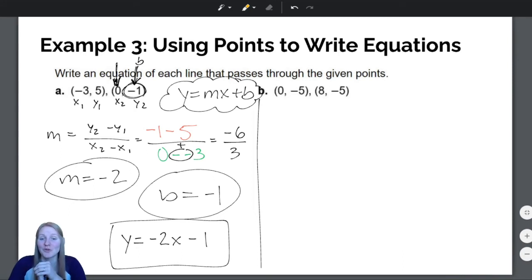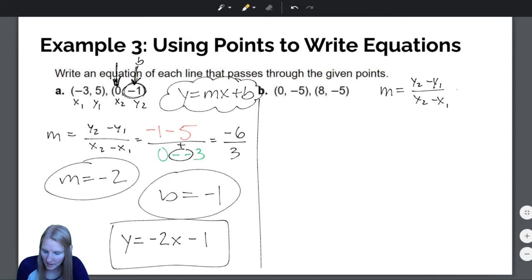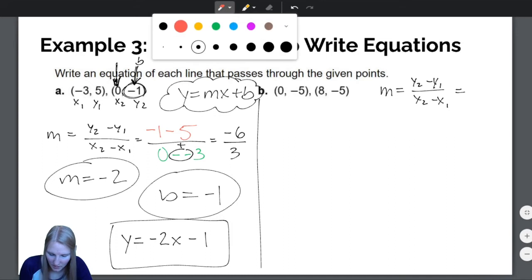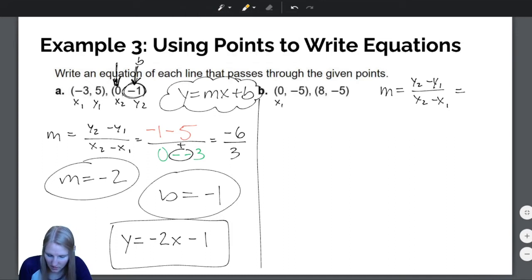All right, so now let's take these 2 points, and first let's find the slope. The slope is y2 minus y1 over x2 minus x1. So we have x1, y1, x2, y2.